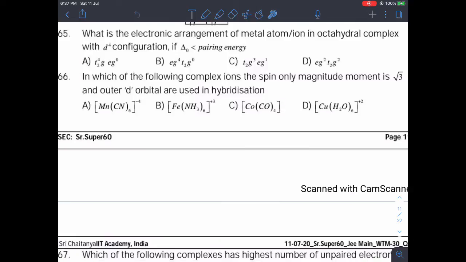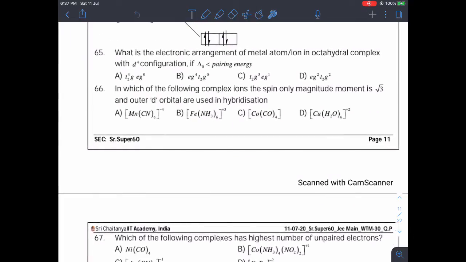Now if you look at this, Cu2+, and at the same time it says that outer d orbitals are used in the hybridization. This is also very, very important. Not inner d. It should have 1 unpaired electron, and at the same time be outer. You know cyanide forces pairing, and you see the manganese configuration also, that is Mn2+ means d5.